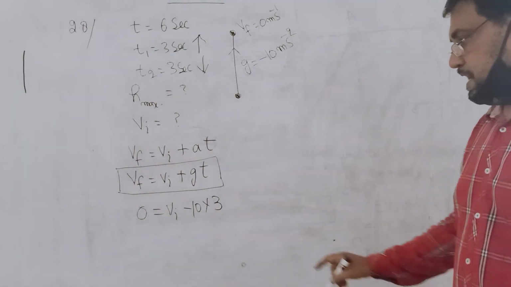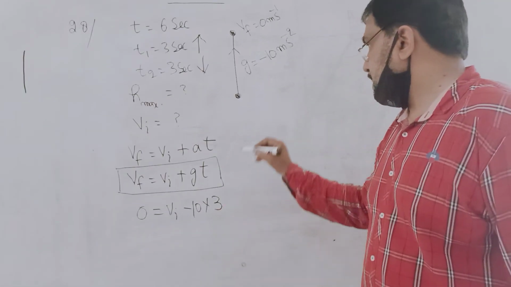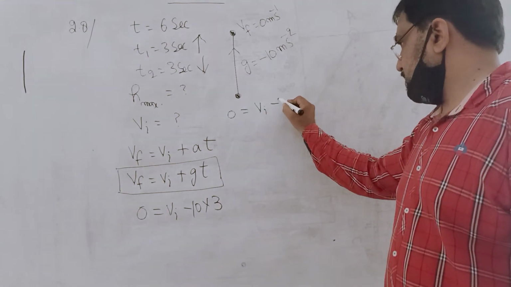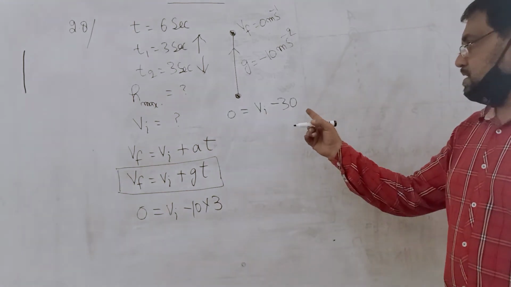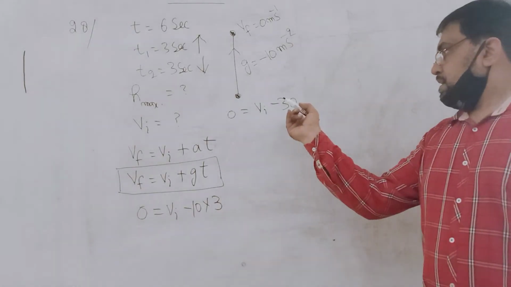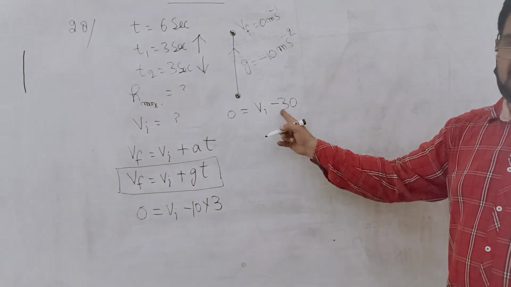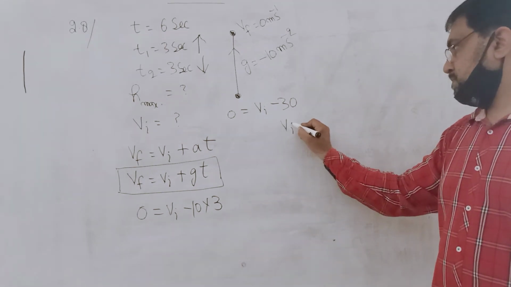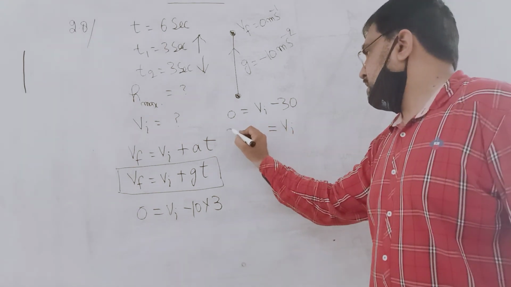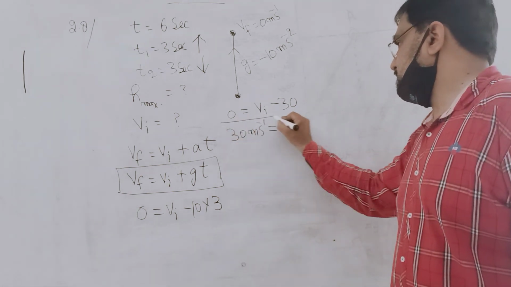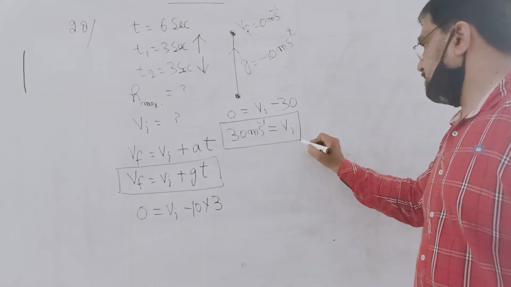When 10 is multiplied with 3, the answer is minus 30. Minus 30 goes to the left hand side and its sign will be changed. Vi is equal to 30 meter per second. Answer.